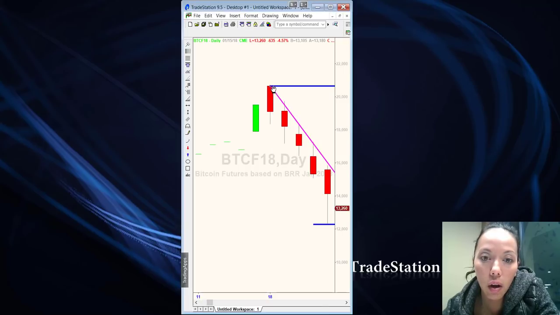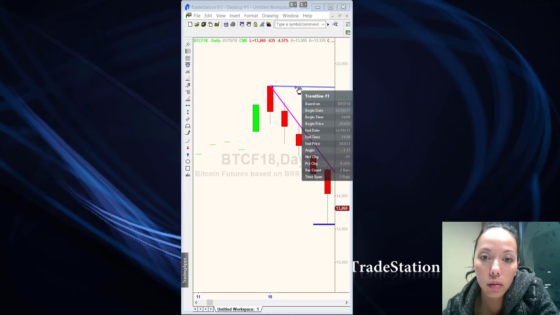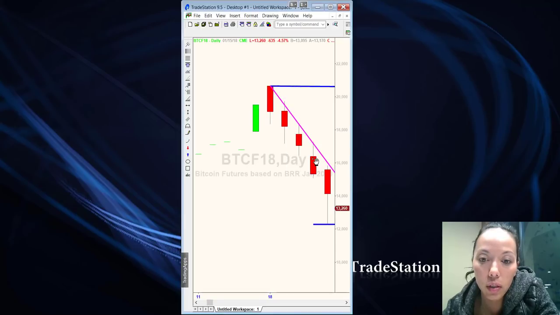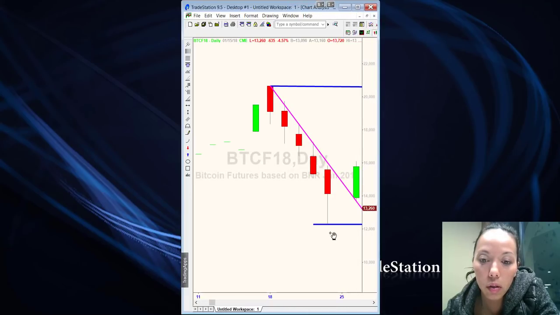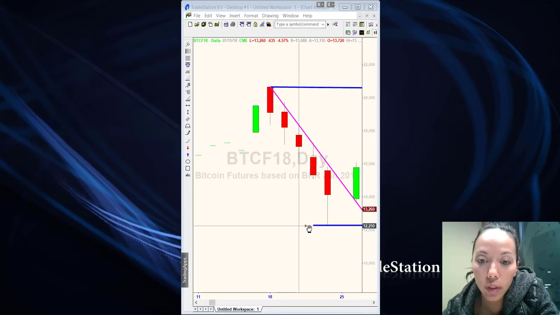So you want to stay on the wicks and the tails for this. So that's your trend line. Next. We have an area of support that has proven itself at this price point of 12,250. All right, so now we have a slightly higher high.